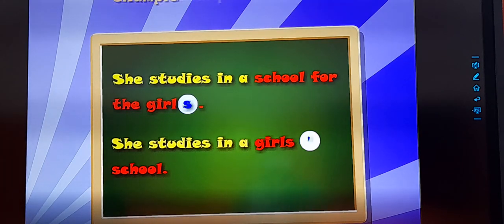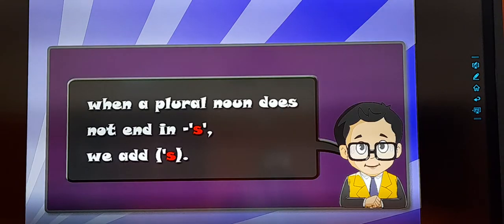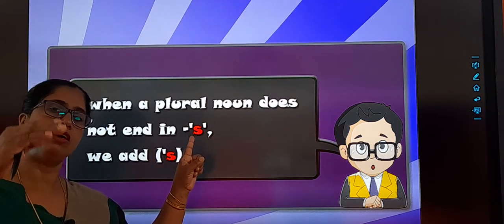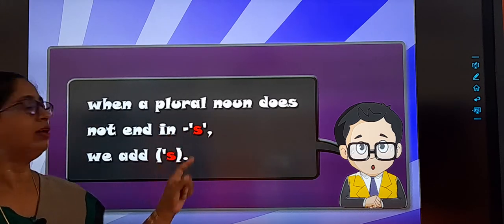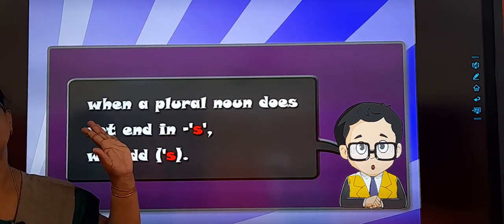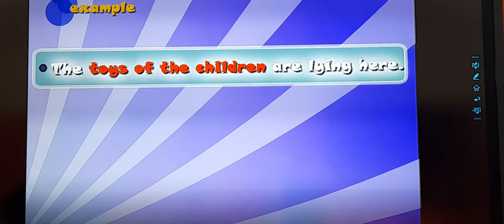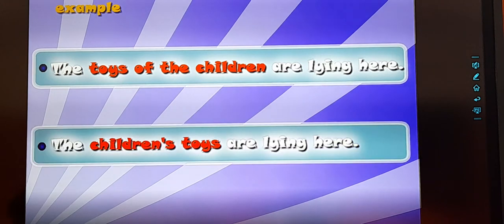When a plural noun does not end in S, we add apostrophe S. When it is not ending in S, the rule stands, the first one, apostrophe S. Example: the toys of the children are lying here. The children's toys are lying here.